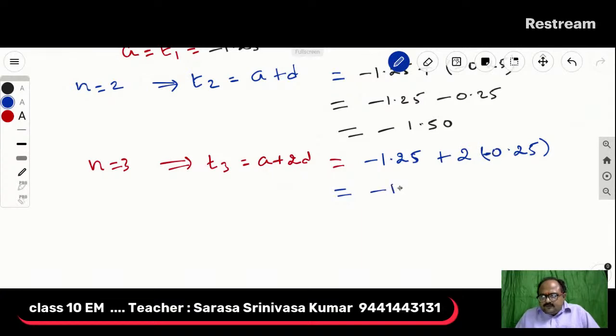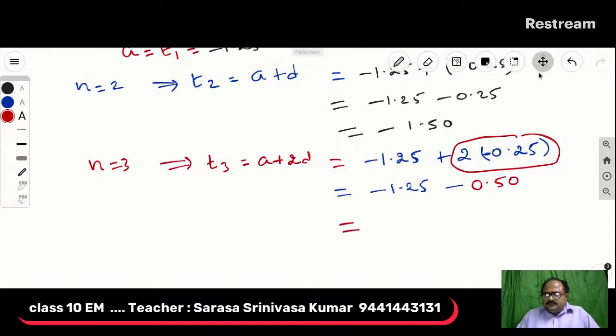So minus 1.25 minus, if we multiply these two, we get minus 0.5. So this is minus 0.50.